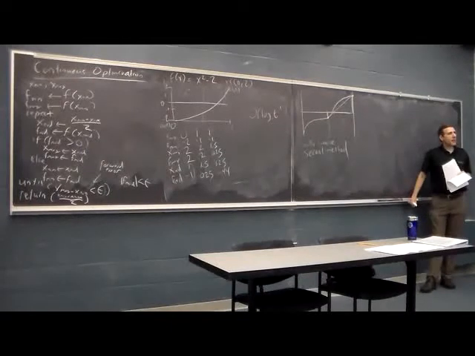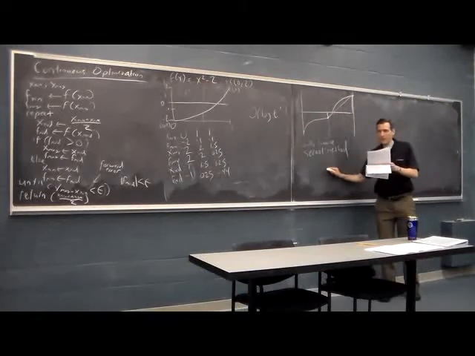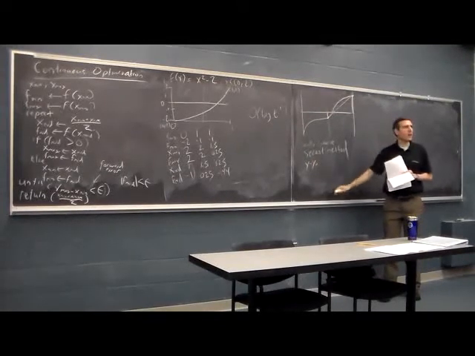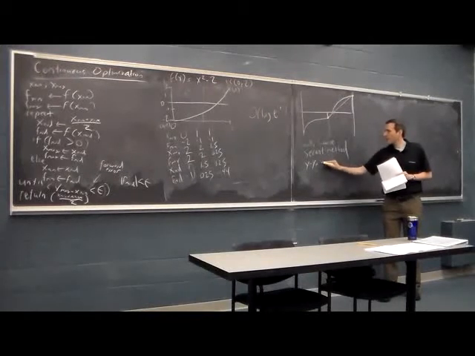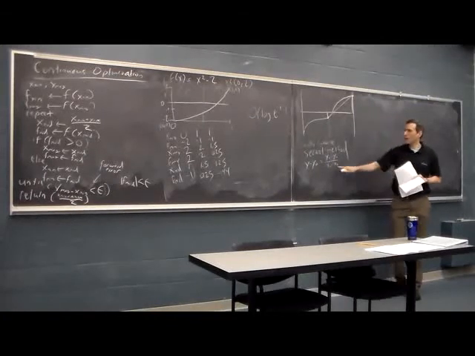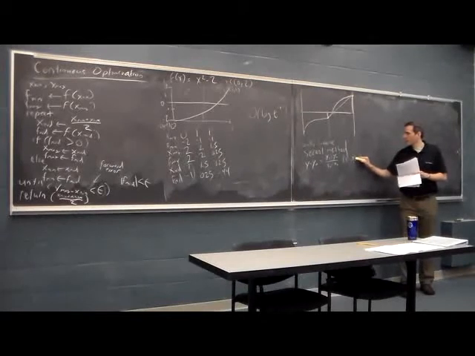So if you remember back to your algebra you may have taken in high school or middle school or whatever, one way of expressing a general formula for a line is to take a point on the line, x0, y0, and then you can express it as y minus y0 equals the slope, which might be (y1 minus y0) over (x1 minus x0) for another point x1, y1, times (x minus x0).